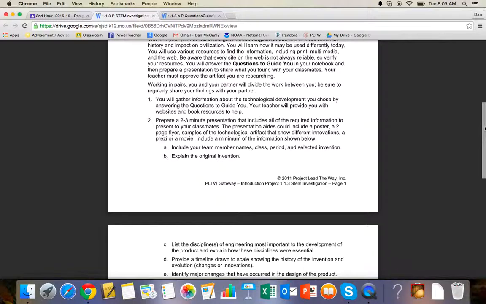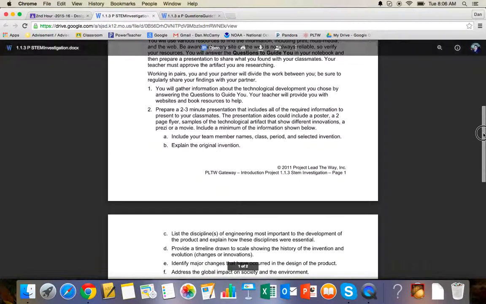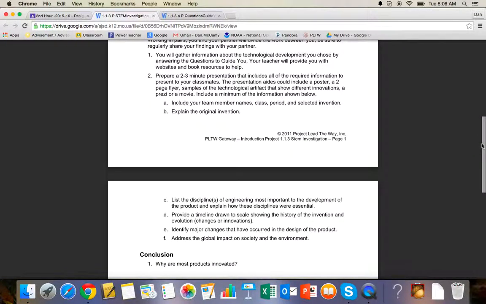Working in pairs, you're going to gather information about the technological development that you chose, and you are going to answer the questions to guide you, which help guide that process. After you have answered the questions to guide you, that's going to help you prepare a 2 to 3 minute presentation using something like Microsoft PowerPoint that is on the PCs.